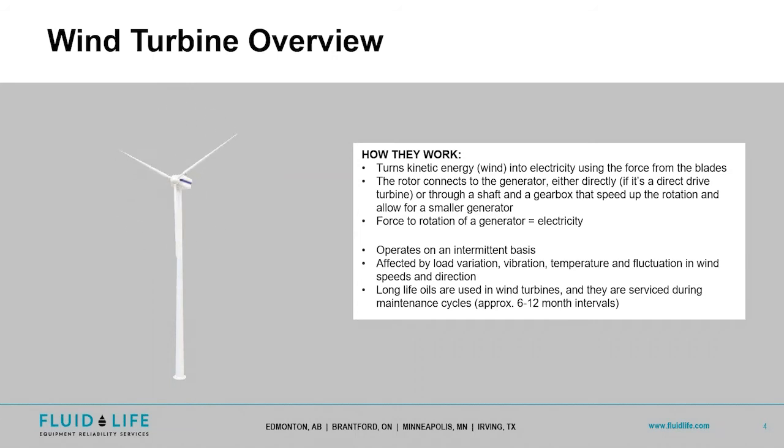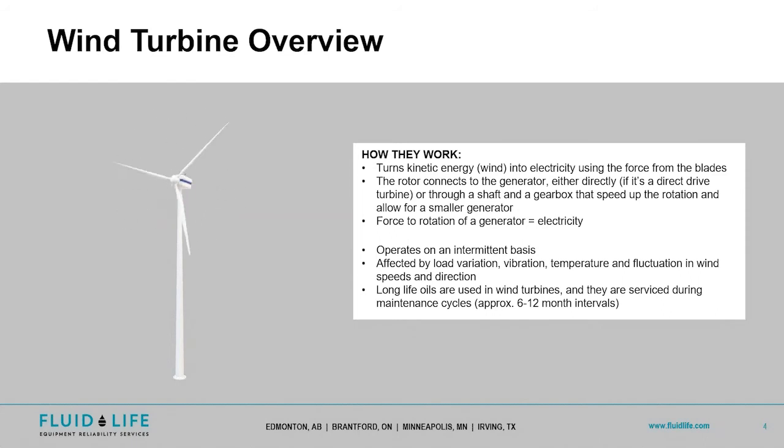Some things to note about wind turbines: they do operate on an intermittent basis. They are constantly in start and stop modes. So the gearbox has multiple stages to handle the different types of speed and the different types of forces. A lot of these things can be affected by the amount of load and the variation of the load, because wind isn't perfect.